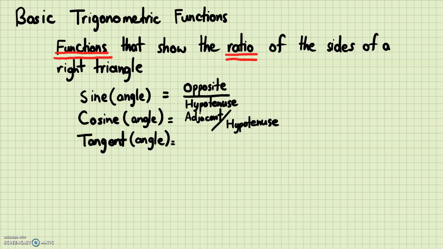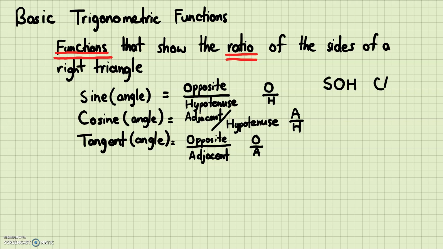And tangent is the ratio of the opposite side to the adjacent side. To shorthand this, sine can be written as O over H, cosine as A over H, adjacent over hypotenuse, and tangent as O over A. So we use the acronym SOH CAH TOA to remember this.